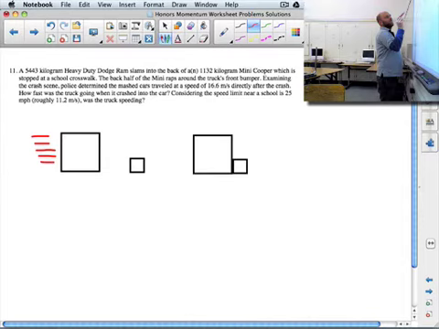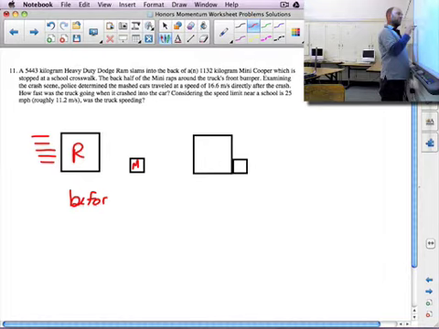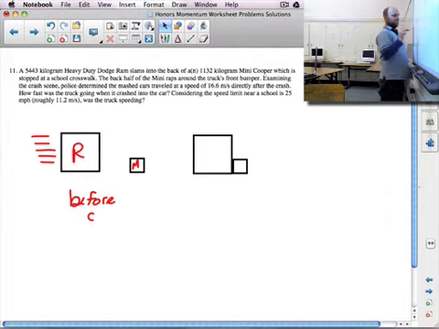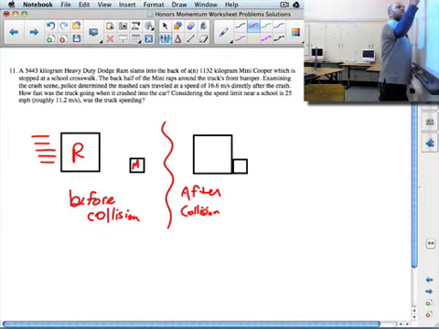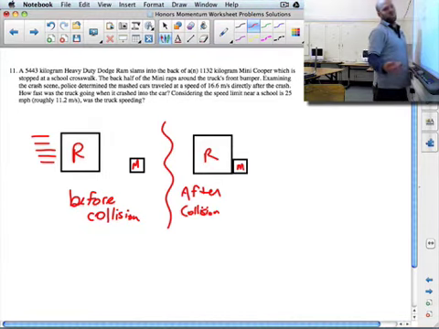This is the Ram. This is the Mini. And this is before collision. And this is after the collision, where the Ram and the Mini have now become one.